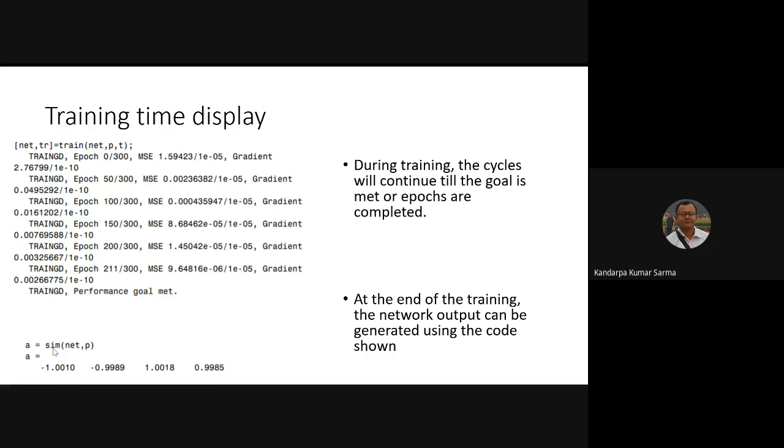So simulate the network's response by the use of the trained network, feeding it with the P pattern vector, and it will return the values as stored in the variable A. So these are the values that are generated by the trained network when we feed it with the pattern vector P.